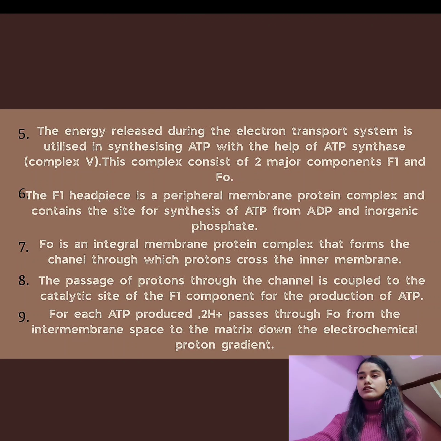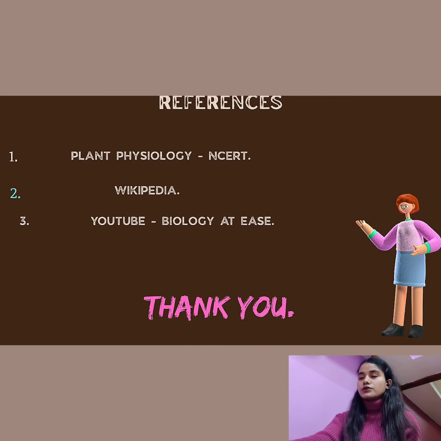F0 is an integral membrane protein complex that forms a channel through which protons cross the inner membrane. The passage of protons through the channel is coupled to the catalytic site of the F1 component in the production of ATP. For each ATP produced, 2 hydrogens pass through F0 from the intermembrane space to the matrix down the electrochemical proton gradient.